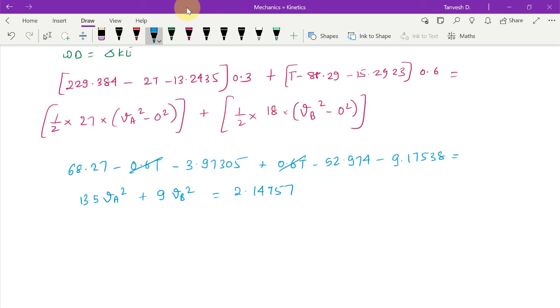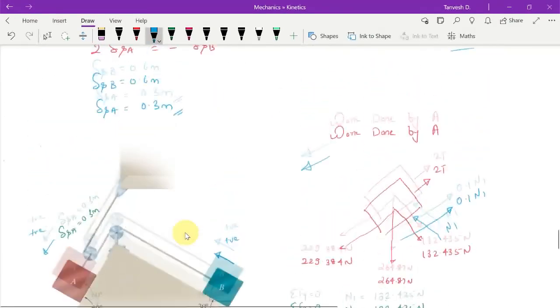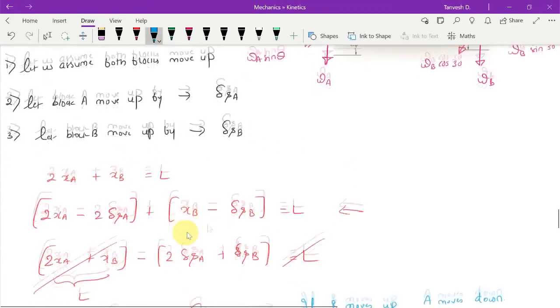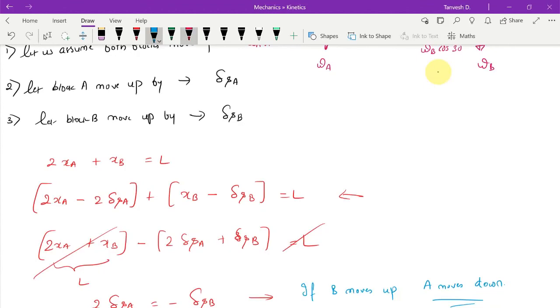After getting this equation, can we have a relation between VA and VB? We'll take the help of the displacement equation. If I differentiate this with respect to time, what I will get is 2VA plus VB equals 0. Therefore VB I can write as minus 2VA.